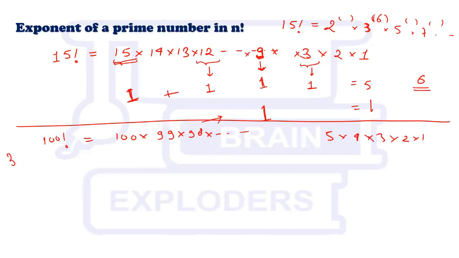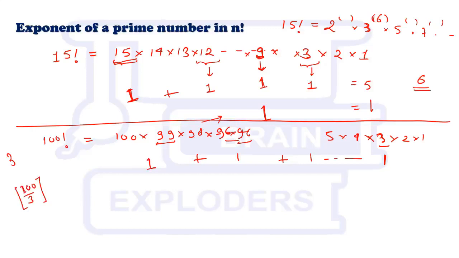So we will get one contribution from 99, another from 96 somewhere here, and in this way so many numbers will give a contribution of 1. Then we will add 1 for each of them. How many ones will be there in this row? There will be the greatest integer less than 100 over 3.